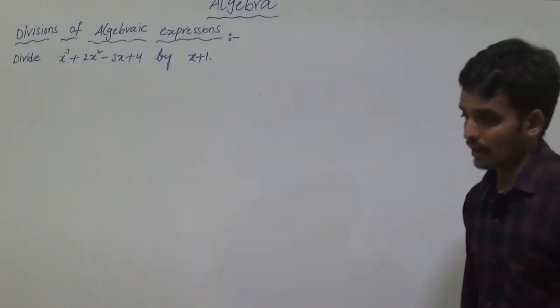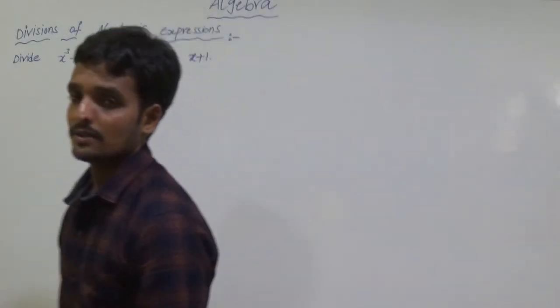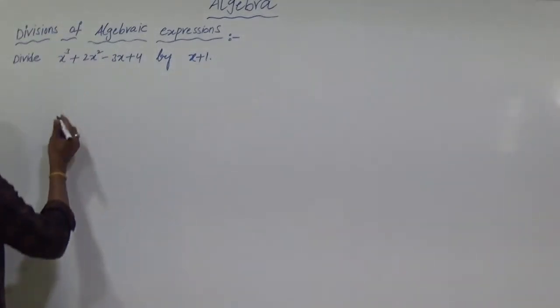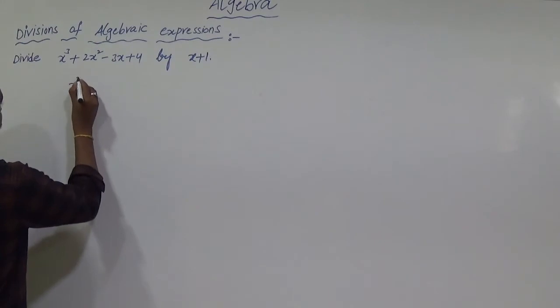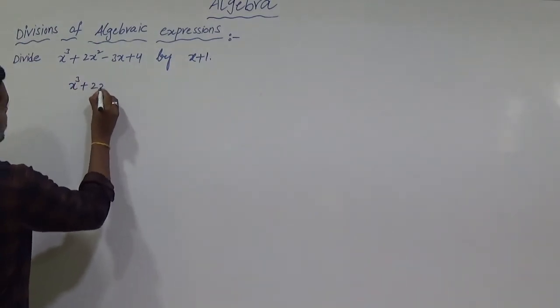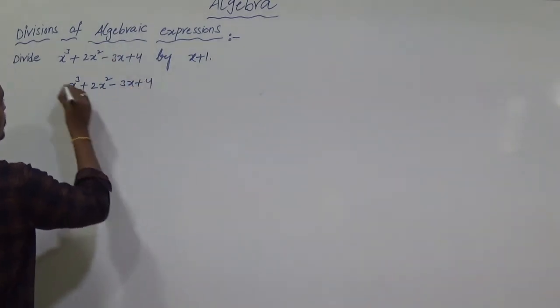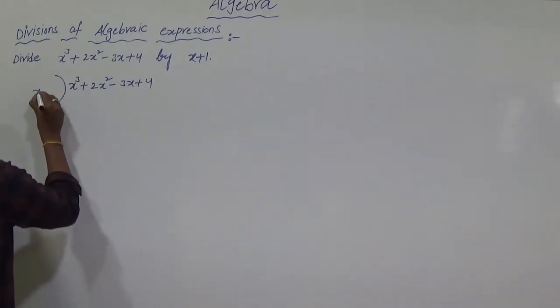I think you have already learnt this in 7th class. It's very easy. We can do it. What is the term? x cube plus 2x square minus 3x plus 4 dividing with x plus 1.